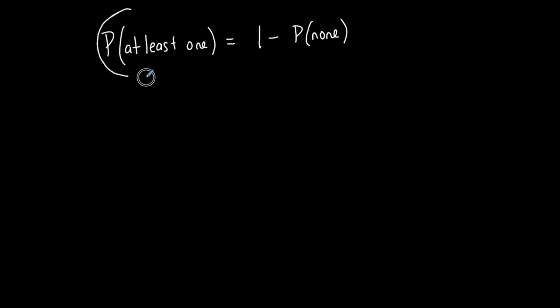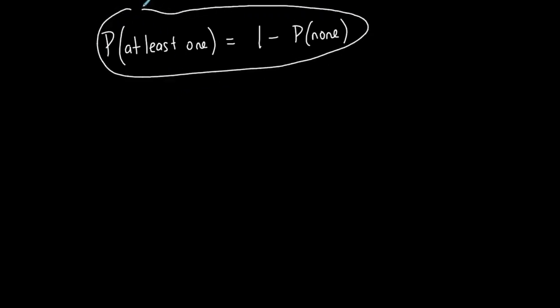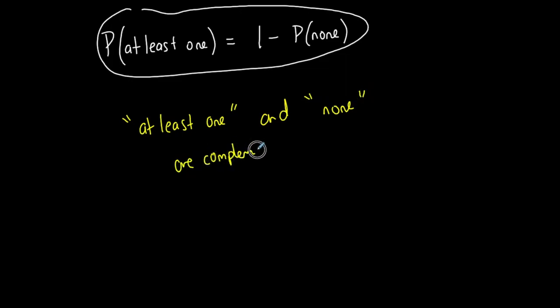So here's your quote-unquote formula. The probability of at least one is equal to 1 minus the probability of none, because at least one, that idea, and none, that idea, are complementary events. So they add up to 1. They're complementary events. Sorry that I kind of go diagonally.